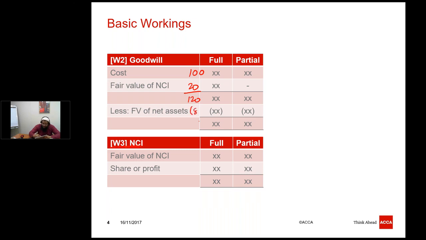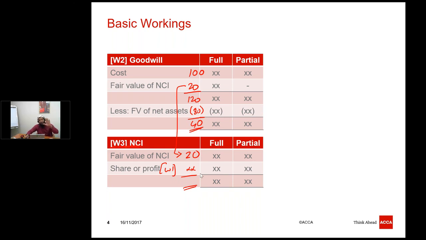The net assets acquired were 80, so the goodwill is 40. This is the full goodwill method. Now we are going to use the same fair value of NCI in working 3, and then we are going to add the share of profit from working number 1 to calculate the total NCI.